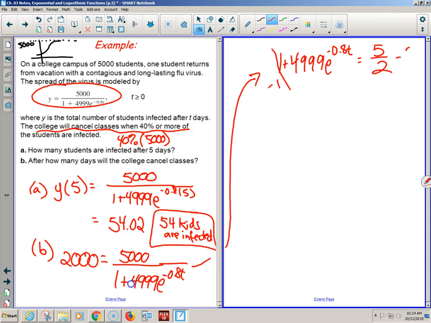That's easy. I'm lazy. I don't want to go to a calculator. I don't want to have to think about 2.5. I just make 1 into 2 over 2. Okay, that's easy. Now what? Why am I going to put a 4999 down there? Because I can divide everything, right?